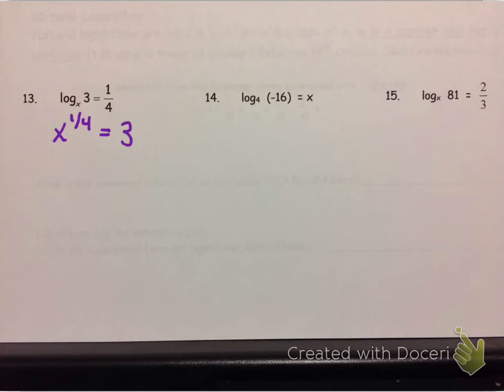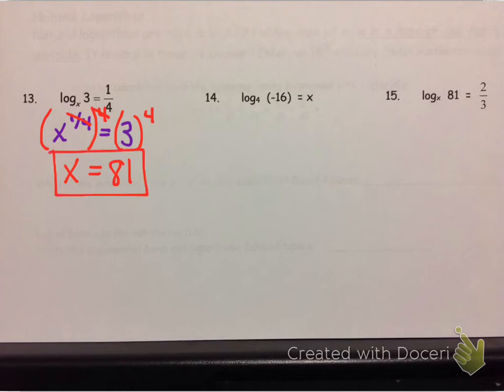And so that means that to solve it, you need to get x by itself, so you need to get rid of that exponent of 1/4. So you raise both sides to the power of 4. And those two powers will multiply together and cancel, just become a power of 1. So x is by itself, and 3 to the 4th is 81. And so there's your answer.